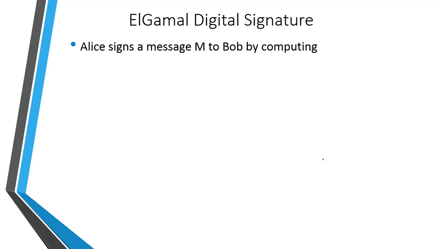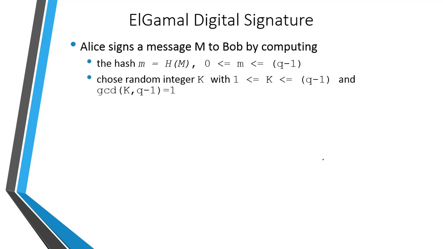Now the user or sender signs a message M to Bob by computing the hash, that is m equal to H of M. After that, she chooses a random integer K with 1 less than or equal to K less than or equal to Q minus 1, and GCD of K comma Q minus 1 should be equal to 1.